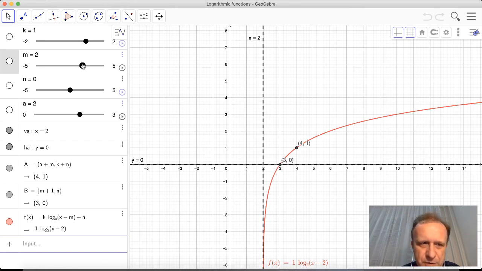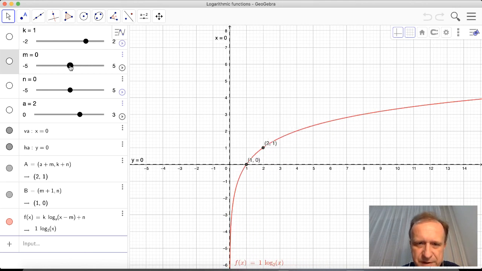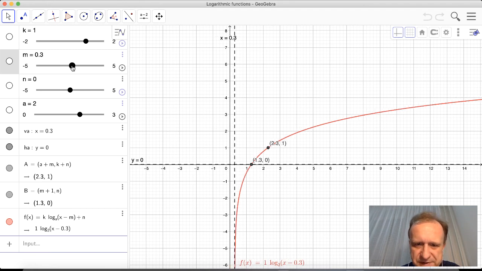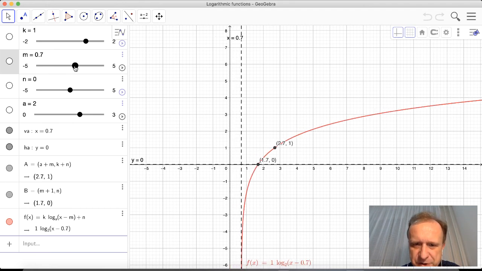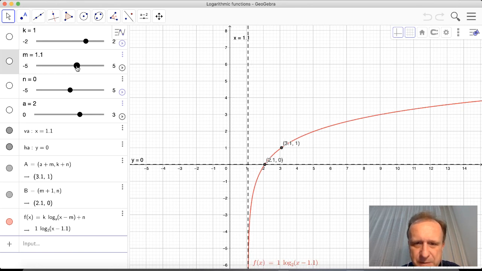You see that together with the function, also its vertical asymptote, which in its original form was this x equals 0 line, gets translated. If I translate the function, the asymptote is translated by the same number of units.